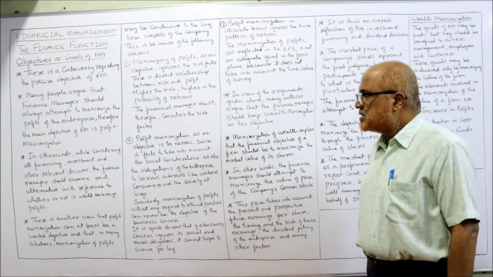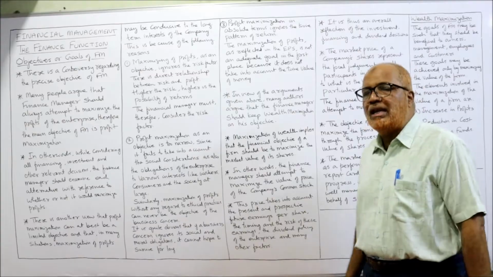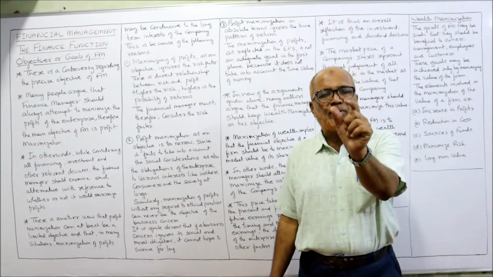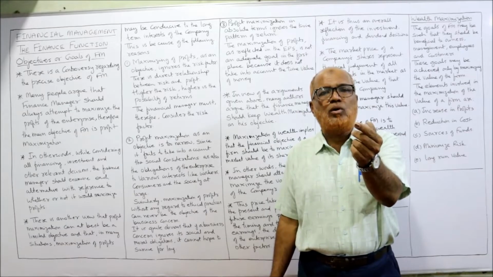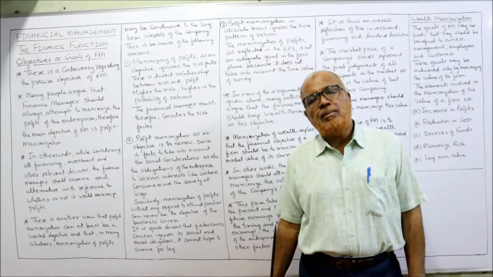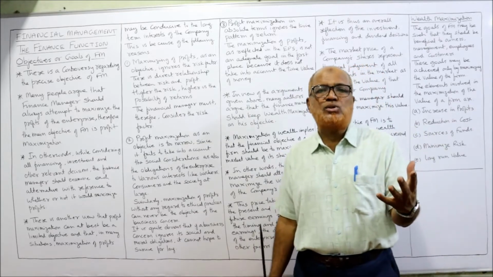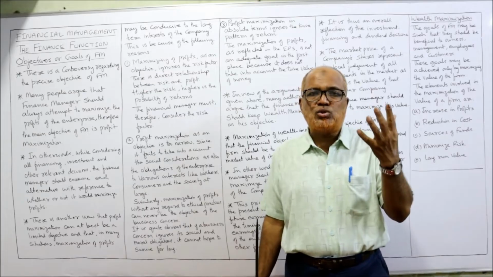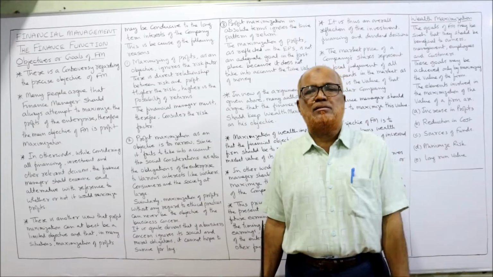Secondly, profit maximization as an objective is too narrow. Just now I told you, simply keeping profit maximization is too narrow because it ignores other considerations. Remember, a business is a part of society. That means the business has obligations towards many parties.